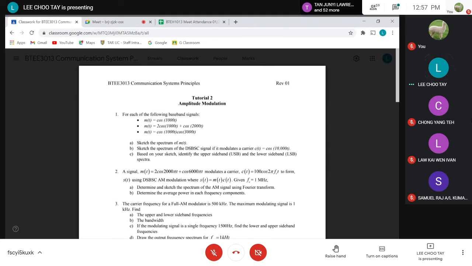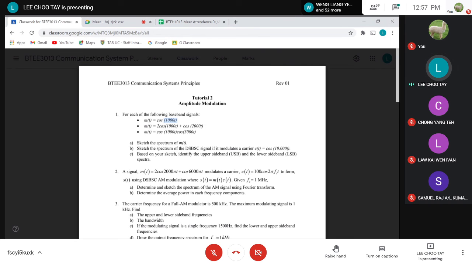For question 1, you just need to be a bit careful with the expression here, because m(t) is cos 1000t. So this 1000 is actually omega. This 1000 is your omega, it's not f.